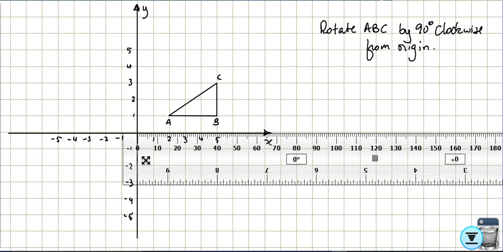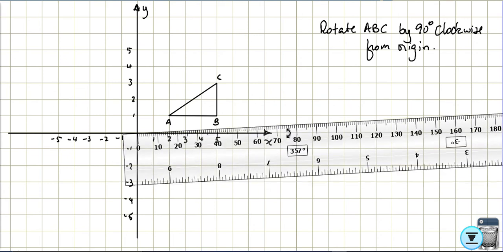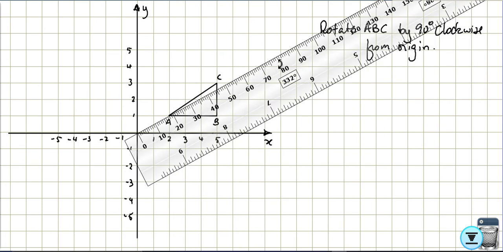So I'm going to have my ruler. I'm going to place the ruler on the 0, and I'm going to rotate the ruler until it lies on A. Right, and there it lies on A. If I draw a dotted line from there to there, okay, because I'm going to use that line.